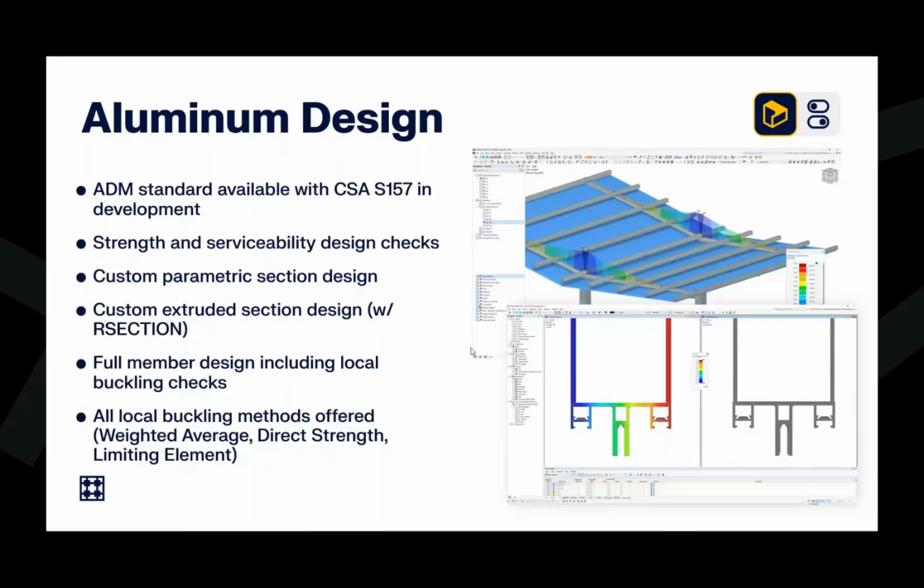But not only this, you heard me say this with cold form steel, we can also get the local buckling checks. Again, something that's very unique with the RSECTION to RFEM integration is being able to also get the buckling checks for these particular unique members.